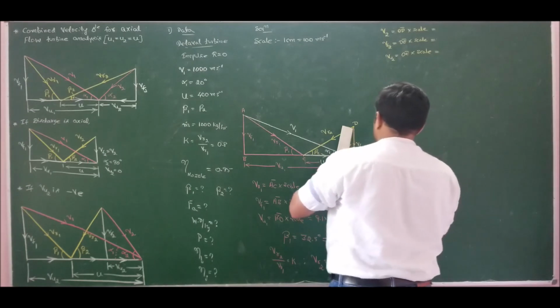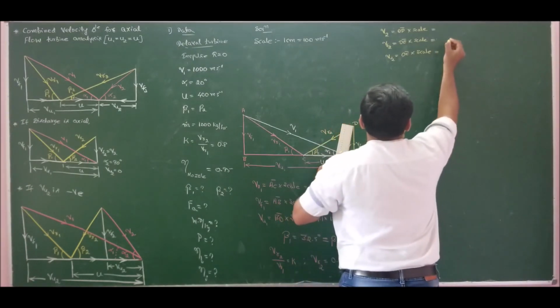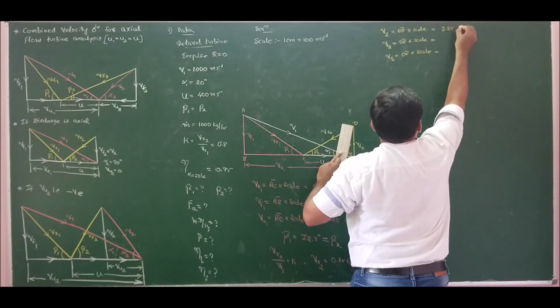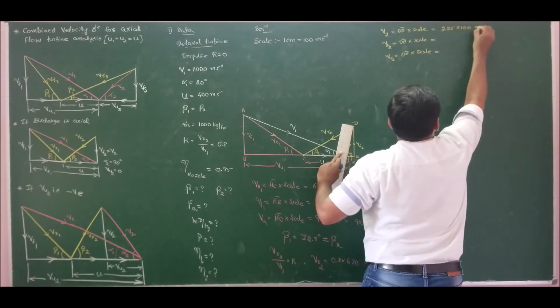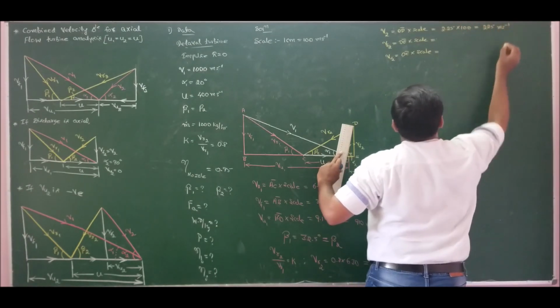So if I measure, I will get V2 as 2.25 centimeters into 100, which is equal to 225 meters per second.